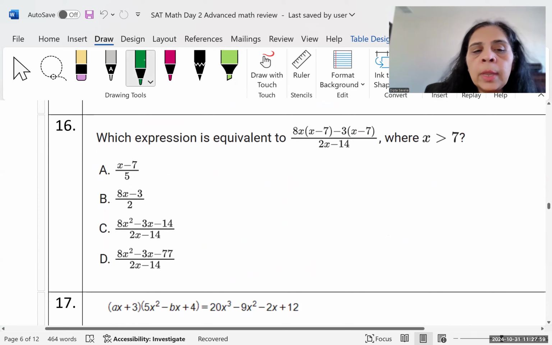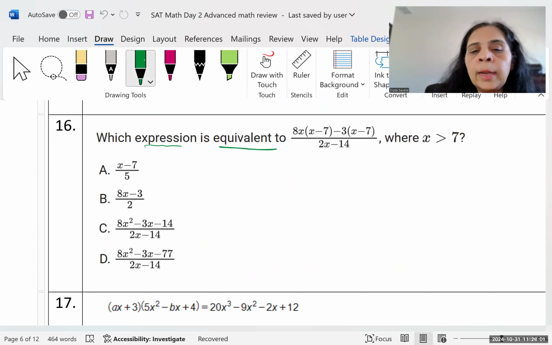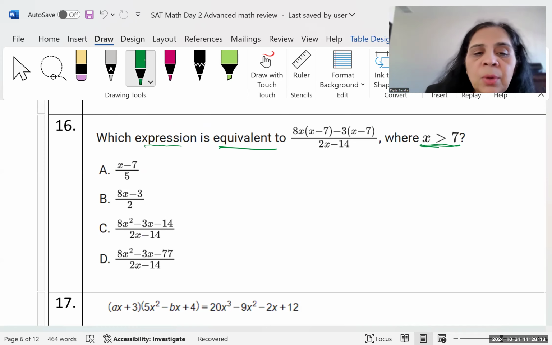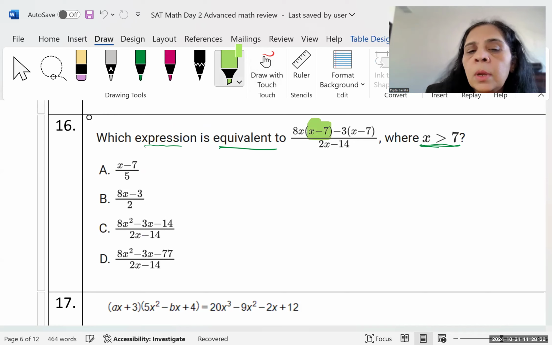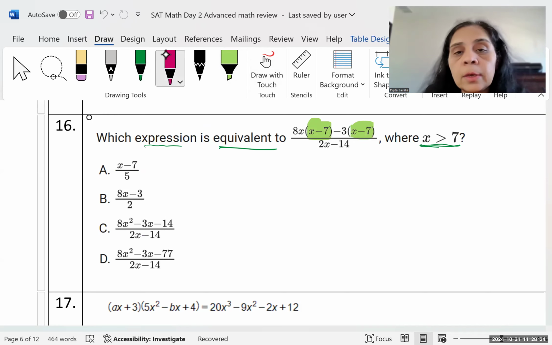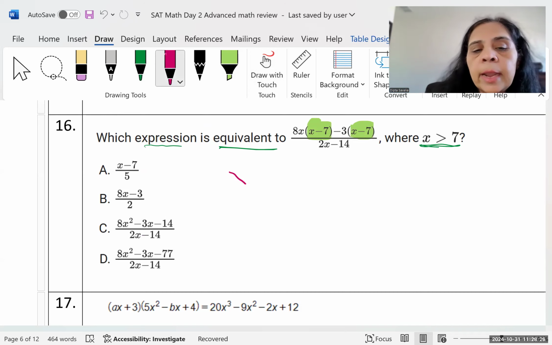We have an expression equivalent to, so we need to simplify, right? It says here x is greater than 7, so we don't have to worry about that point right now. We will just think about simplifying. We have to find the equivalent expression from here. On top, look at this, we have x minus 7, that's a common factor. So we can take out the GCF.